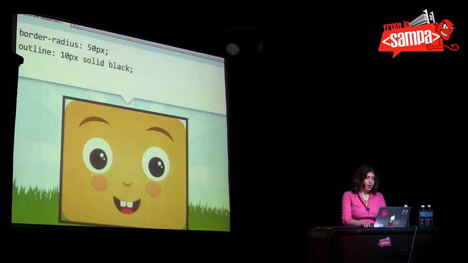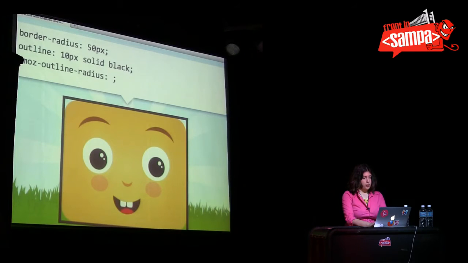So there are two ways to overcome this. One of them is horrible, but I will show it to you anyway. It's proprietary. It's a Mozilla outline radius property, and it's horrible for a number of reasons. A, it only works in Firefox.